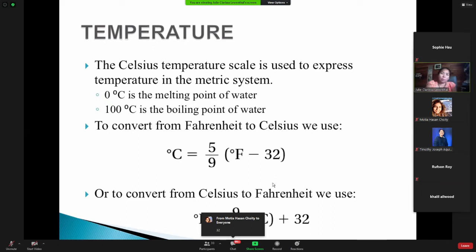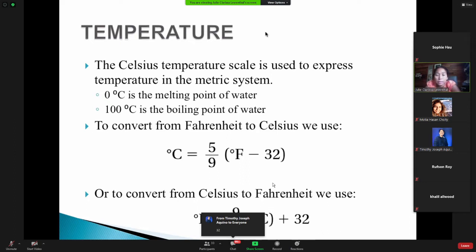So the top one, right? 90 minus 32 times 5 divided by 9. Is it 32? Yeah. Okay. 90 minus 32 times 5 divided by 9 is 32.22.